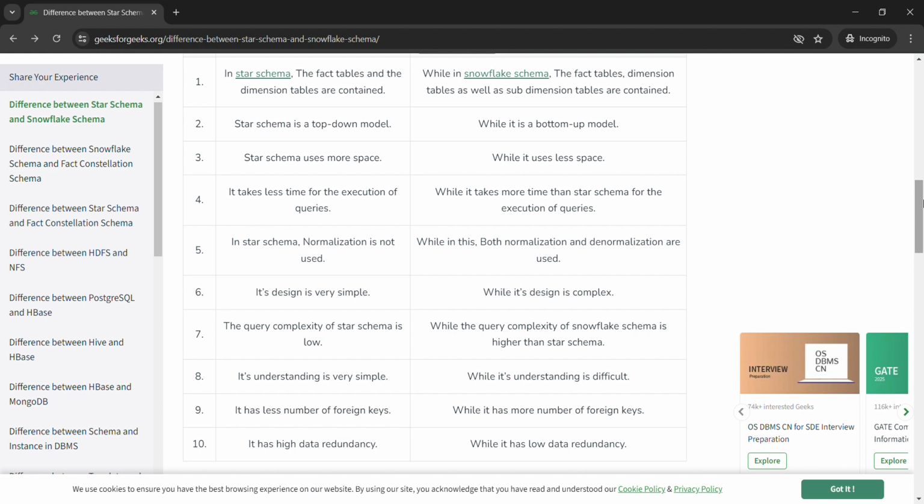The query complexity of star schema is low, while the query complexity of snowflake schema is higher than star schema. The left side is the star schema and the right side is the snowflake schema.